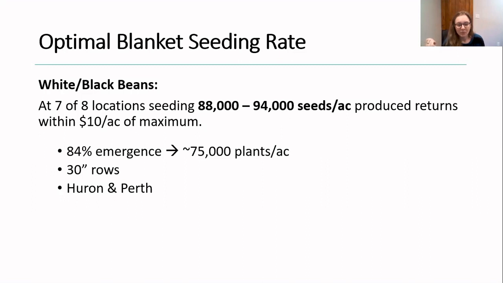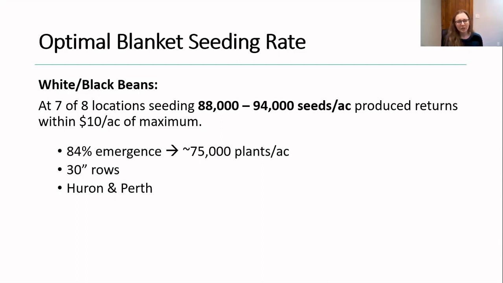And so maybe in terms of a replant, that's interesting to think about. And again, as a reminder, this is 30-inch rows. So if we're talking 15s, we probably need to adjust up about 15% to that seeding rate. And again, this trial was conducted in Huron and Perth counties. So lots of beans grown in that area.